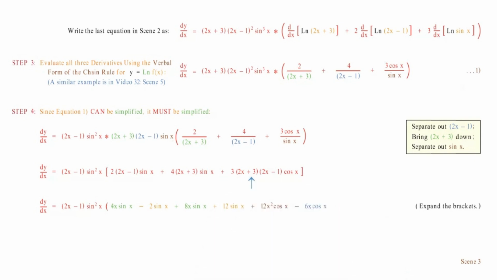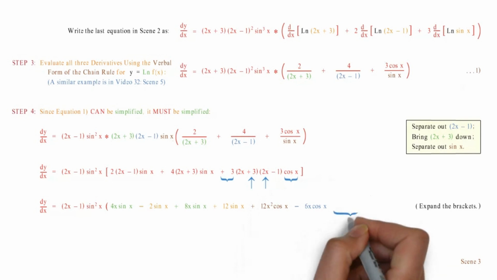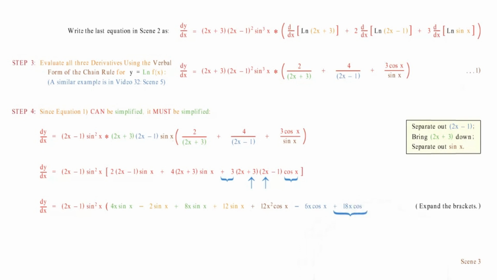Plus 3 times 2x is plus 6x, times plus 3 is plus 18x, times cos of x is plus 18x cos of x.